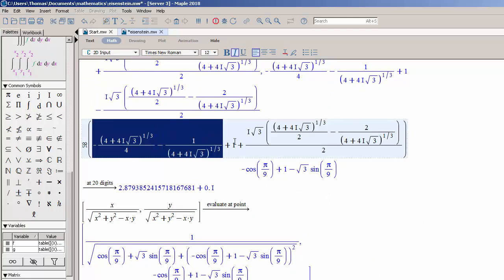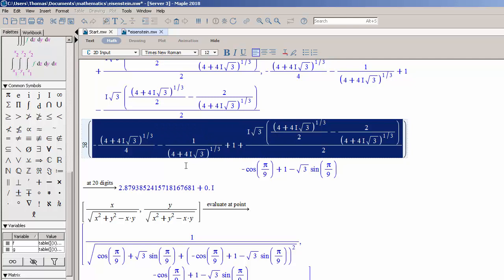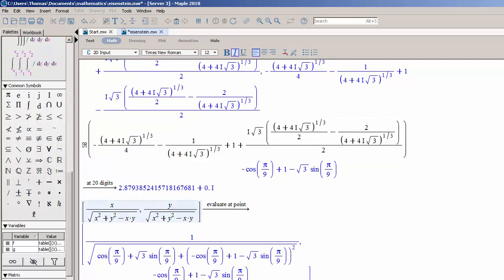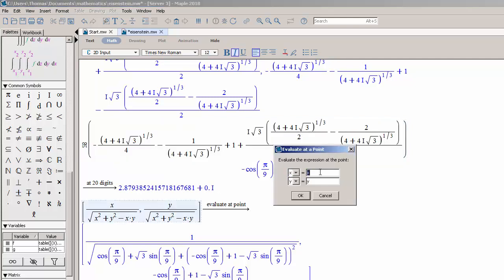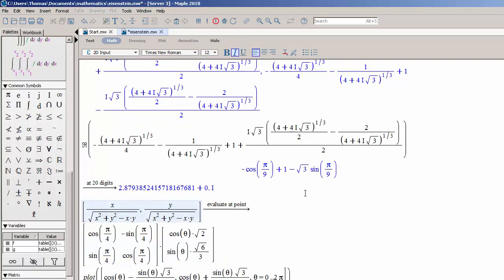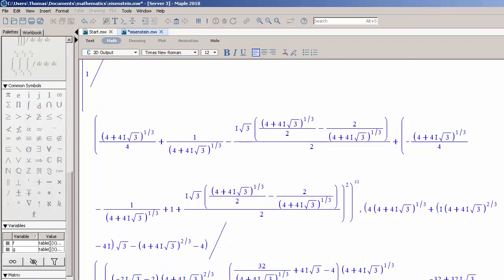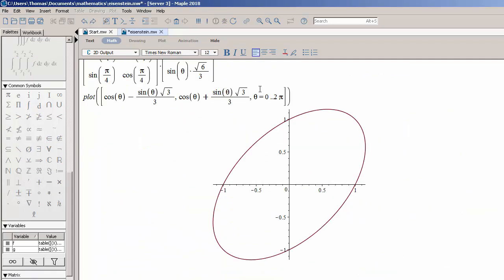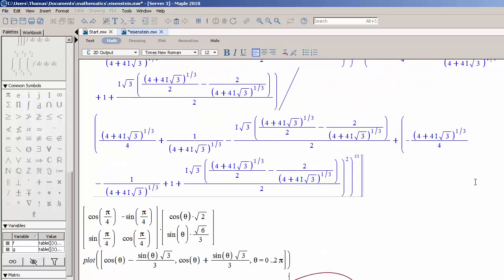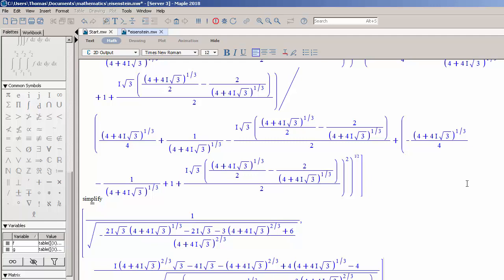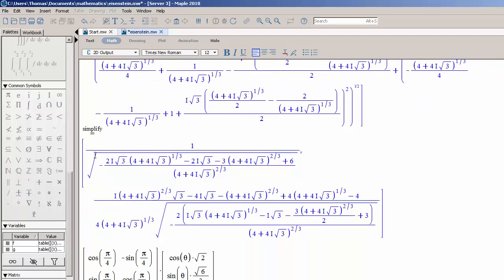Maybe this would be more interesting if we did this. Probably not. It's probably all gibberish no matter what. Oh yeah, that's worse. Oops, what'd I do? Alright, we'll just do this simplify. Yeah, that's not better.